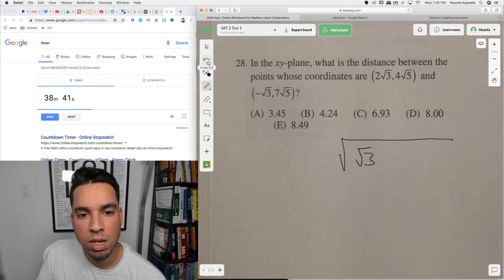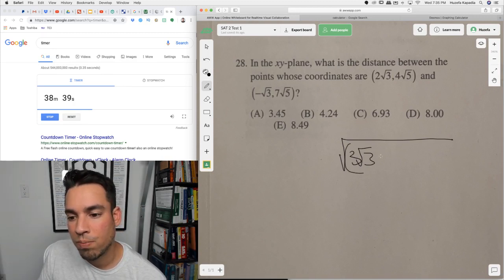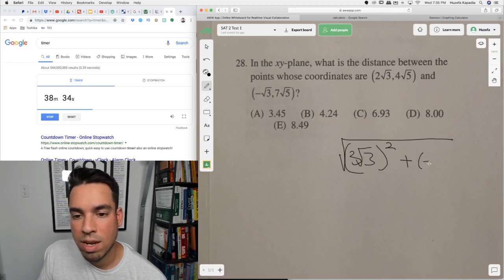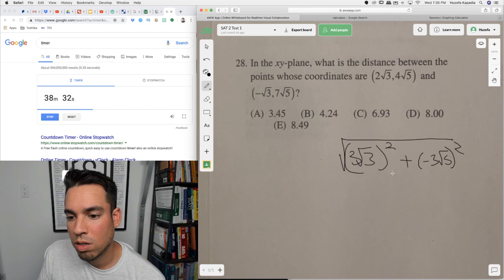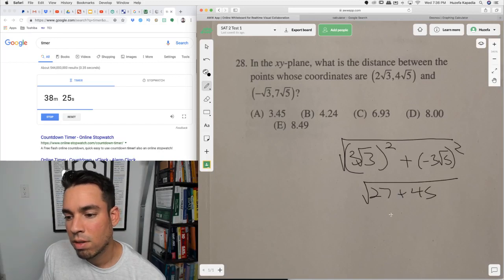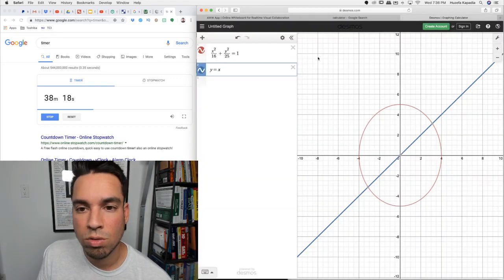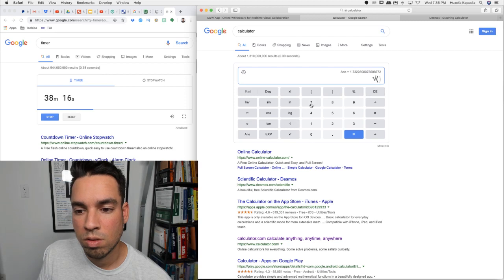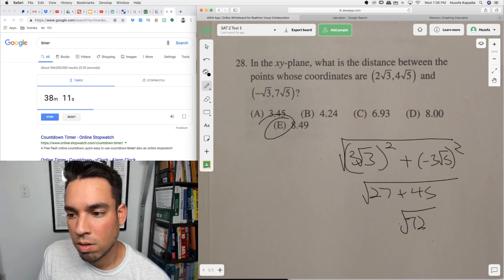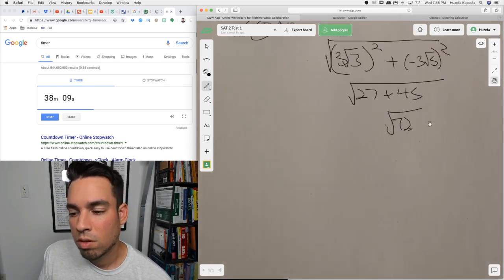So 2 square root 3 minus negative square root 3 is actually 3 square root 3, squared, plus this minus this is negative 3 square root 5, squared. This becomes 9 times 3 is 27, plus 9 times 5 is 45. And that's 72. So it's the square root of 72, which is 8.49. Okay.